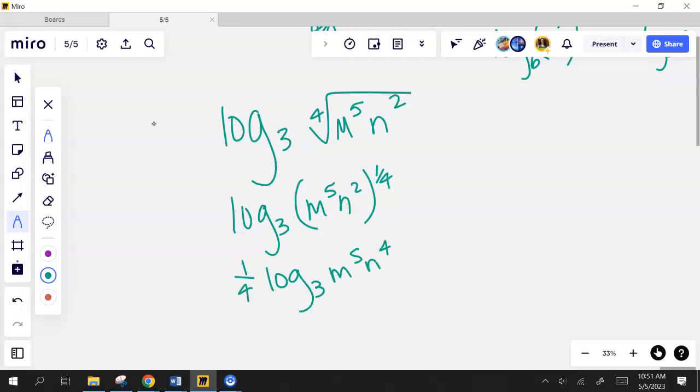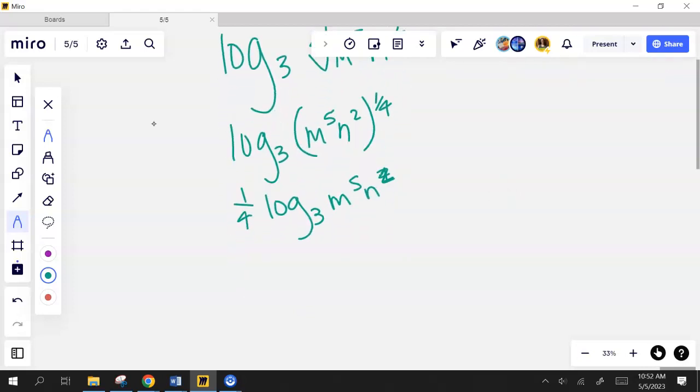What now? Split it up. M to the 5th, and then what do I put in the middle here?